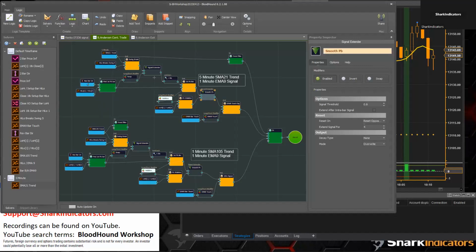Okay, I think that does it. That was it for the follow-up questions. We will pick this question up tomorrow in the Blackbird workshop. We will take these signals and generate the entry order.